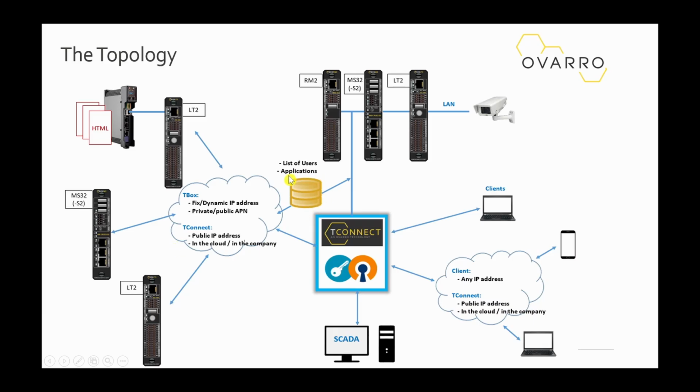TConnect is able to deploy users and applications. T-Box as a gateway allows access to any HTML pages behind T-Box. And finally, a SCADA can take advantage of OpenVPN to access T-Box with any protocol.